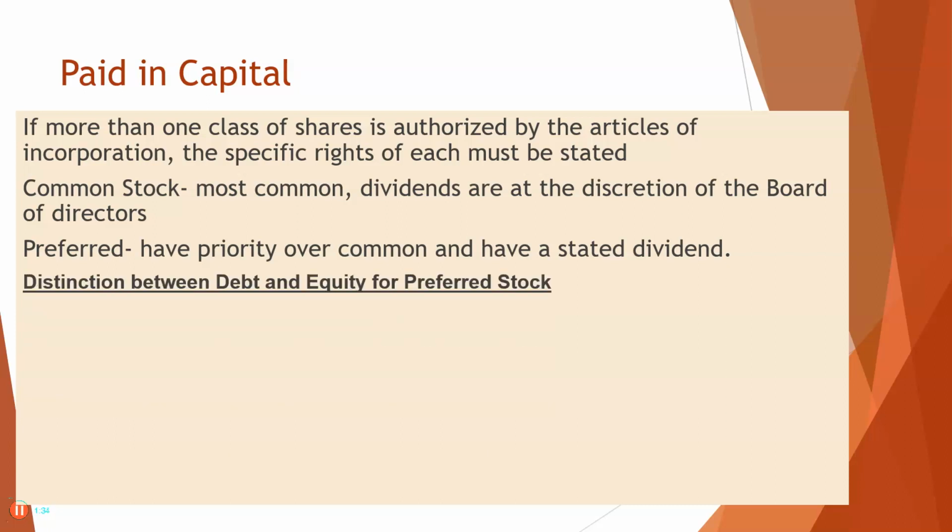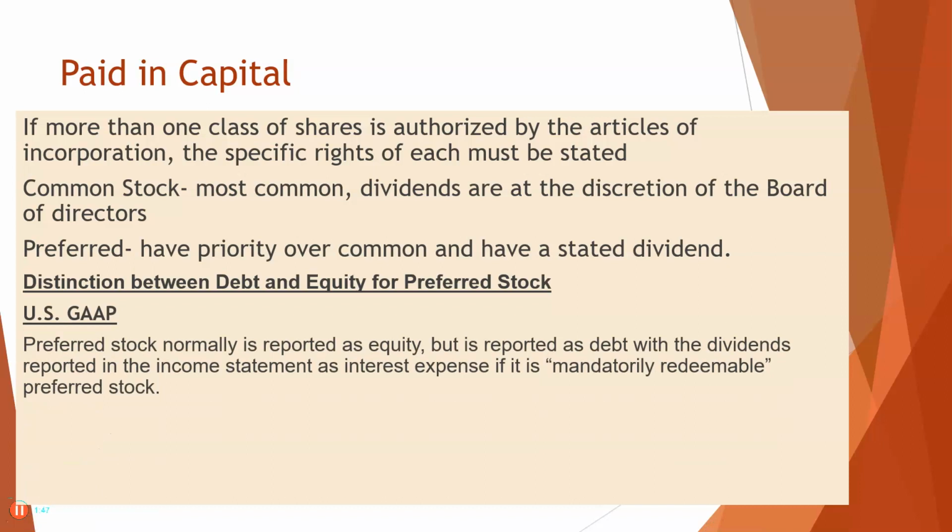Now, there is some issue about preferred stock because it has a specific dividend, there's been some debate of whether preferred stock is debt or equity. Under U.S. GAAP, preferred stock normally is reported as equity, but is reported as debt when the dividends are reported in the income statement as interest expense if it is mandatorily redeemable.